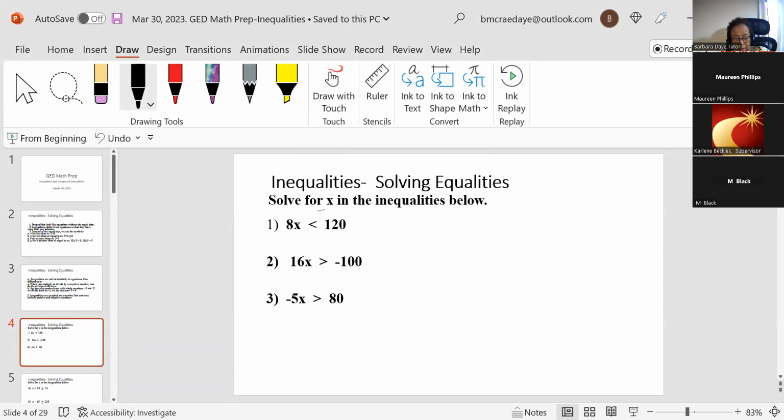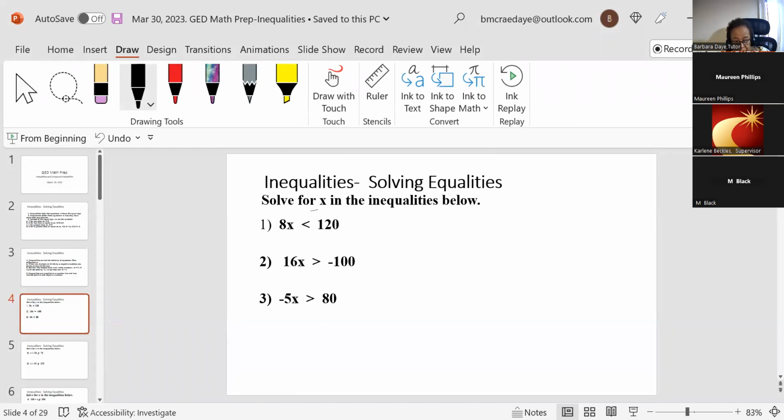You got to tell me X less than some number, X greater than some number. That's what I want to see in the chat. Now, I said if you don't have the symbol, you can use less than or greater than. You can just spell it out.